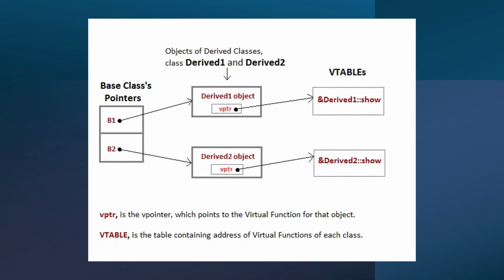So here we will have a virtual pointer for each. By using the pointer only we are going to call. The V pointer is the pointer which points to the virtual function table for the object. The V table is the table containing the addresses of the virtual functions of the class.